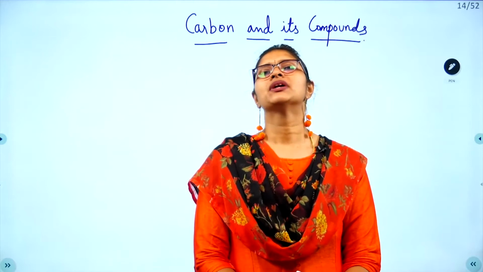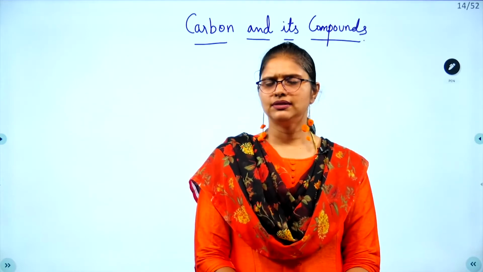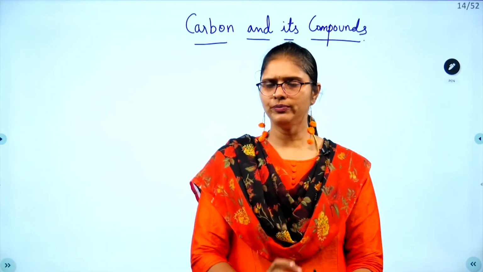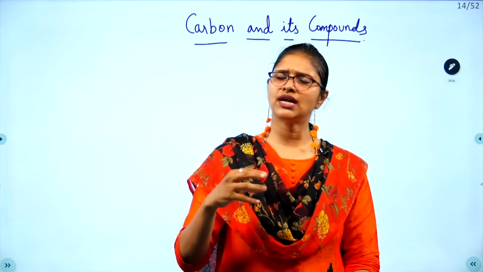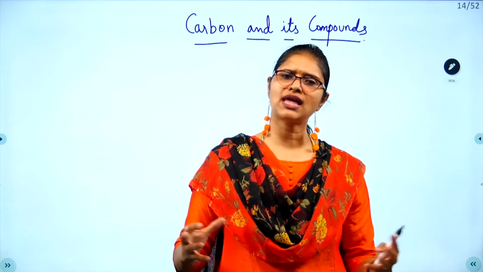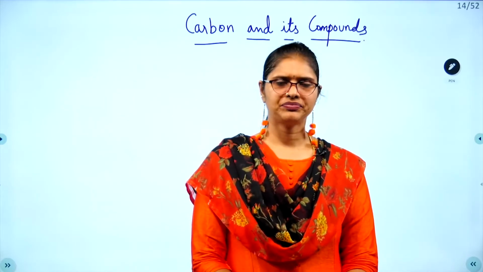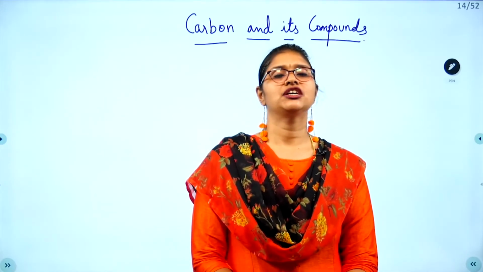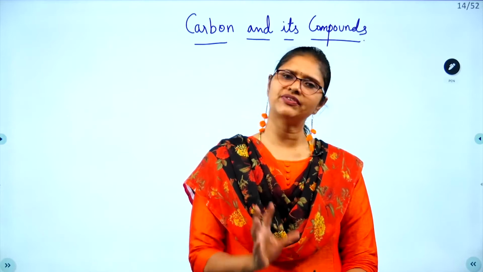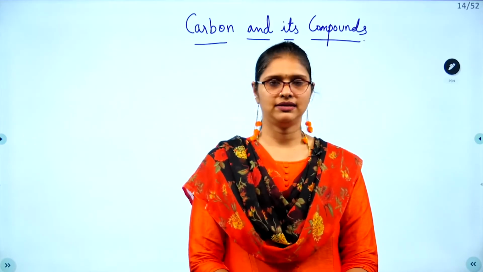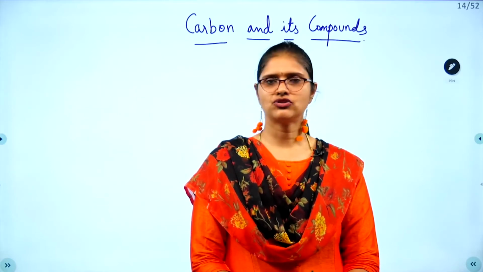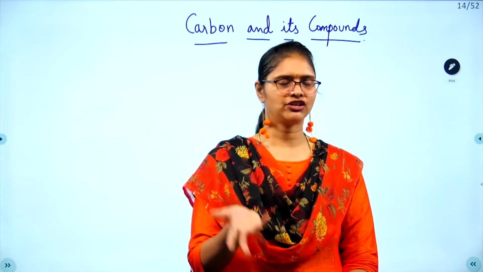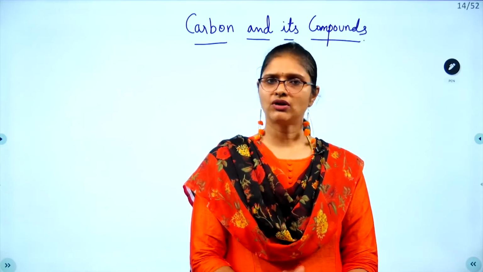Right, so carbon is a very important element. Why? It forms more than a million compounds. The reason is that it forms mainly one specific type of bonding, which is covalent bonding. That is because it can only share electrons; it cannot give all 4 or accept all 4, because its atomic number is 6.